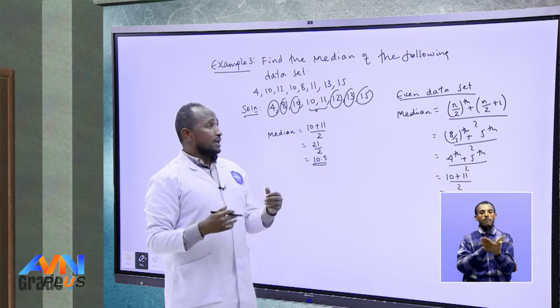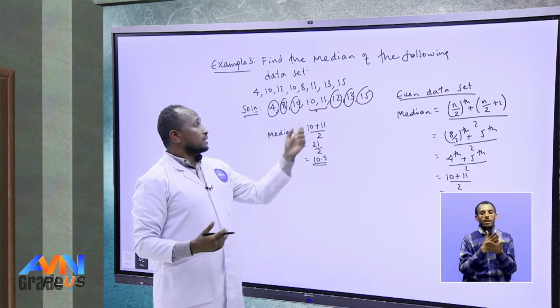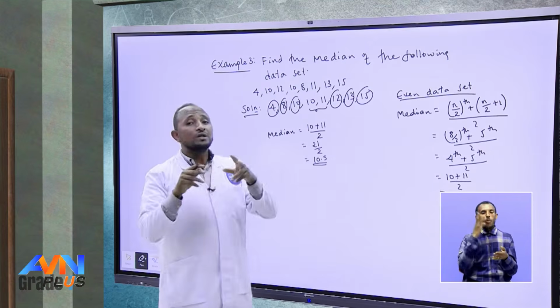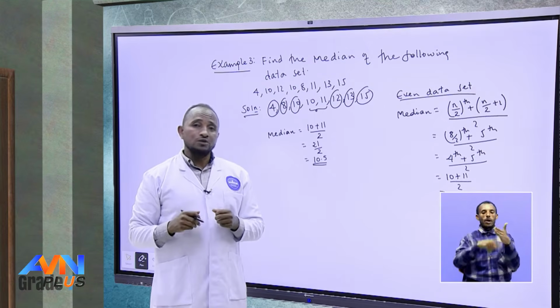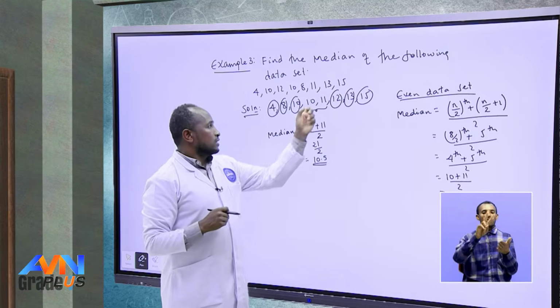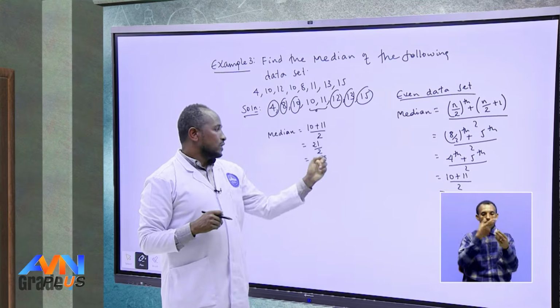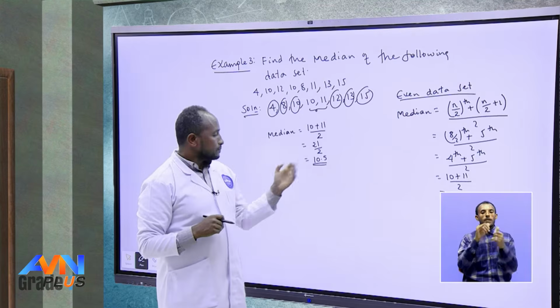So in that case, as we said, if the data set is even, we will have 2 middle values, and you have to take the average of those 2 middle values. Here we got 2 middle values, add the 2 and divide by 2, and this will be the median.